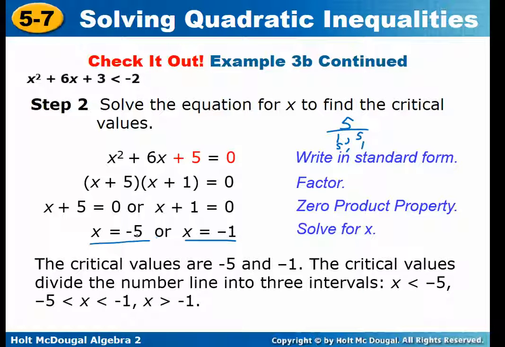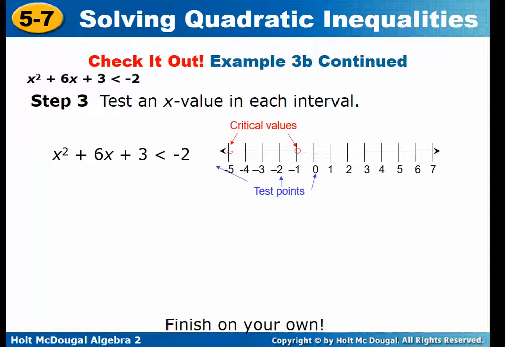So when you look at what would be the possible regions for solutions, you have to look at something less than -5. You have to look at a number between the two of them. And you have to look at something greater than -1. So here's my critical values at -5 and at -1. And my test points, I just picked 3 from the regions.